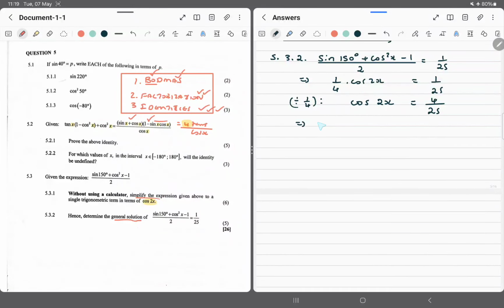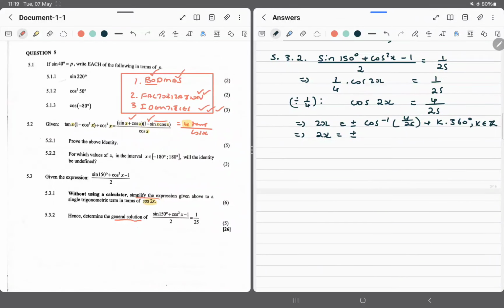We can say this implies that now 2x is going to be plus or minus arc cos of 4 over 25, plus k times 360 degrees, with k as an element of integers. This implies that 2x is plus or minus.